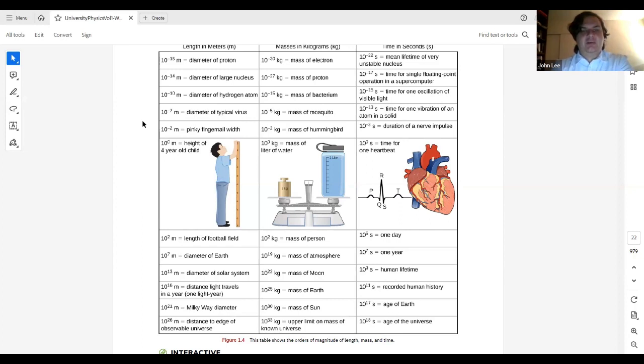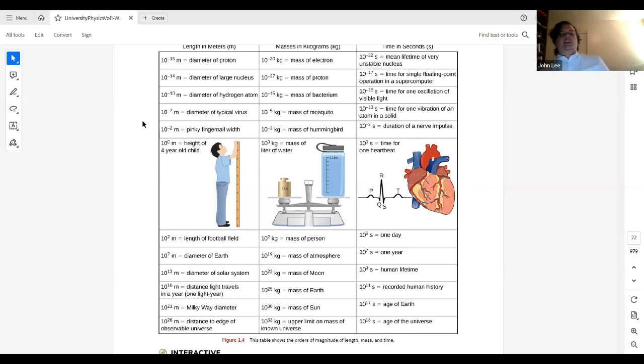While the mass of the Earth is about 10 to the 25th times the mass of a liter of water, which is compared to the upper limit of the mass of the known universe by about 28 orders of magnitude.